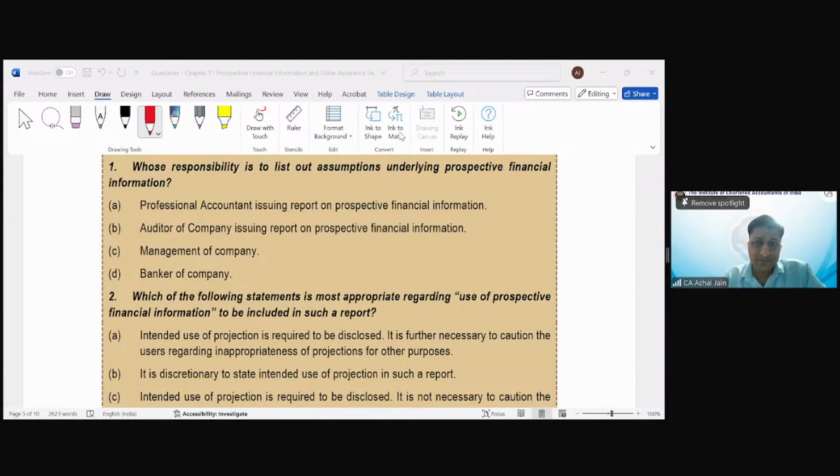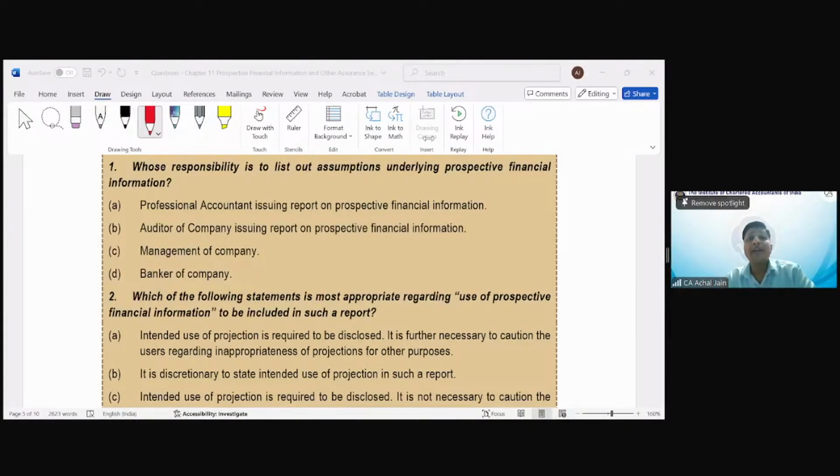So A, Sir, option C. Accountant will give, no? Option C. Option A. Who says A? Professional accountant will assume. You're saying professional accountant, is it? He will give no report on this.